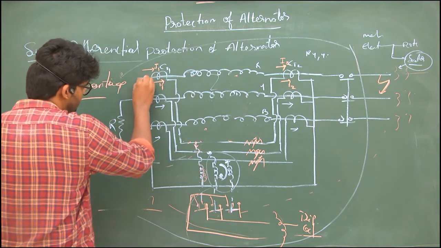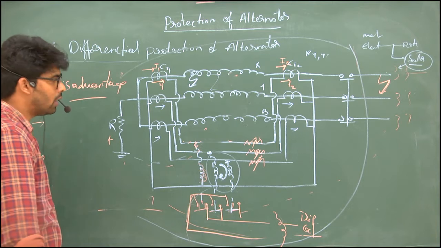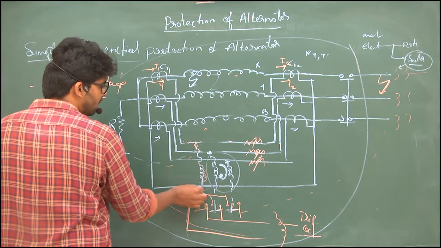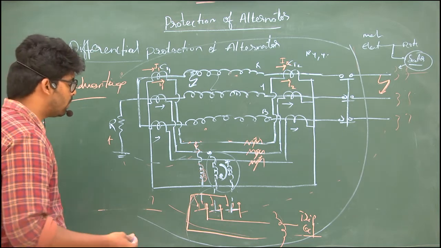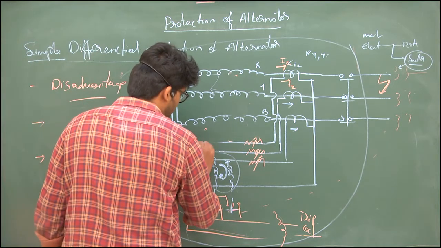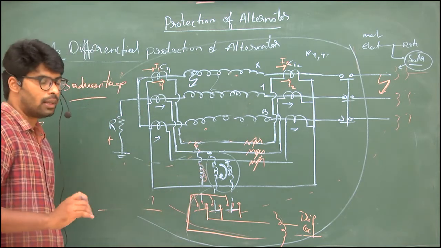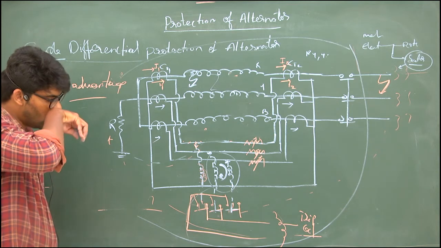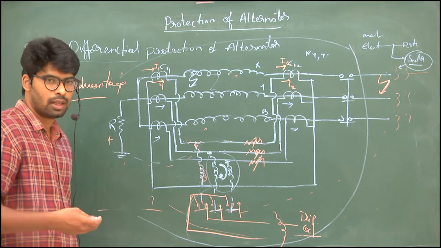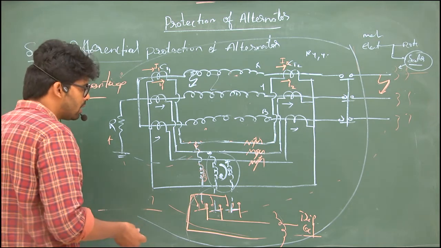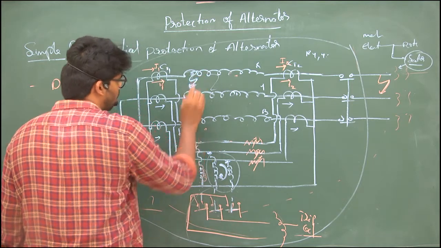Let us say this is the ground. When a fault occurs near the ground, this differential relay cannot sense it. In general, the differential protection relay is not manufactured for protection against low fault current. So it will not operate for a fault near the ground.